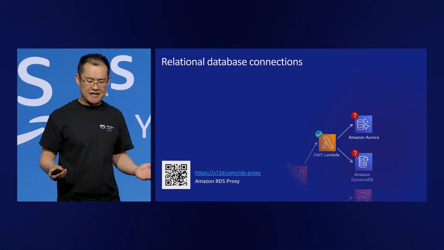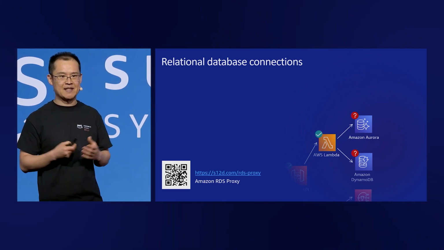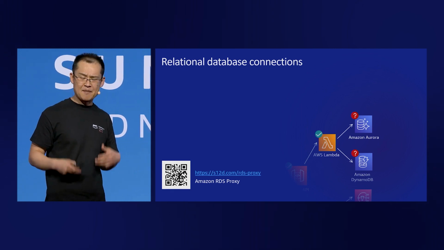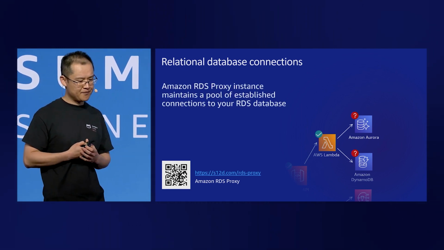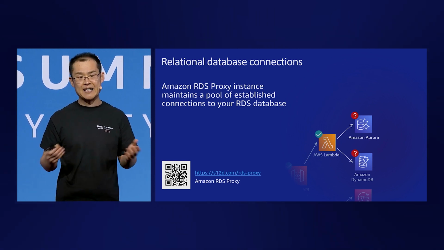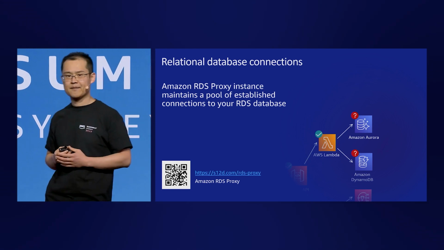Amazon RDS Proxy allows applications to pool and reuse connections established with the database. It will make the connections more efficient and make your application more scalable. RDS Proxy supports many Amazon Aurora and RDS database engines, and you can find more details in this link.